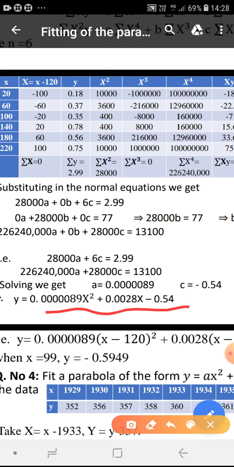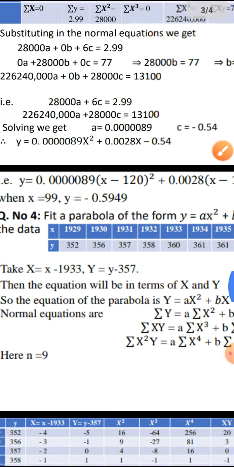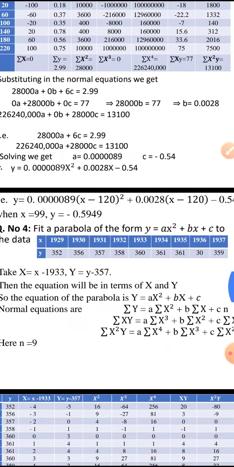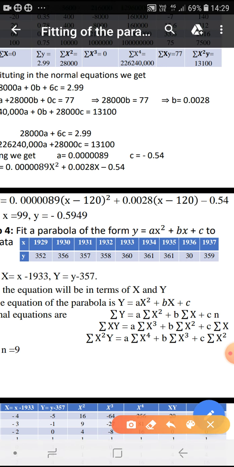So replacing capital X by small x minus 120, you can rewrite the equation, so y will be equal to, we get the final equation.